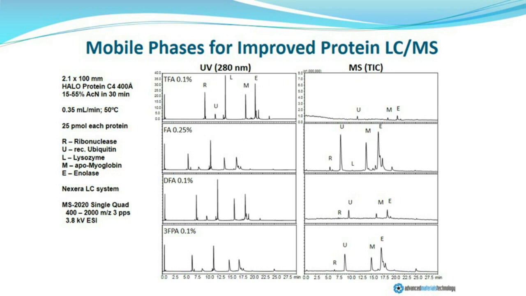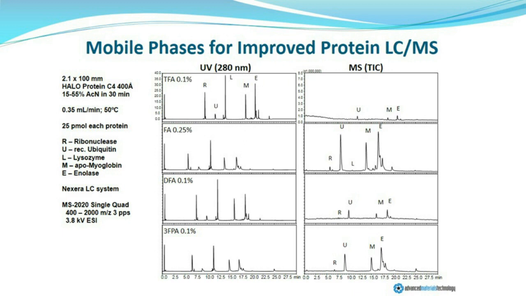If we look at the mass spectral data, we see the converse to be true. The worst performance is with trifluoroacetic acid, whereas the best is with formic acid and 3-fluoropropionic acid. And by best, what I mean is the most signal intensity, but still rather compromised chromatographic performance.